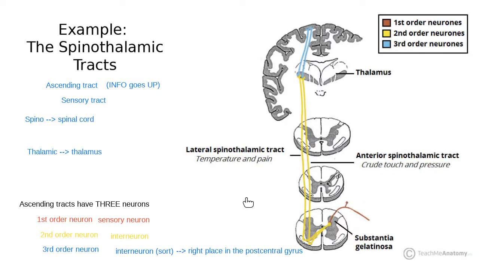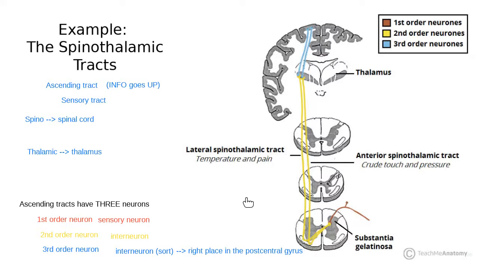It just sends it up to the thalamus. Yeah, so the second order neuron gets the information and says, I don't know what to do with this. I'm sending it up. Okay. And that goes to the thalamus, which then sorts it to the right part of the brain. Correct. But it's normally just the post-central gyrus for sensory information, right?